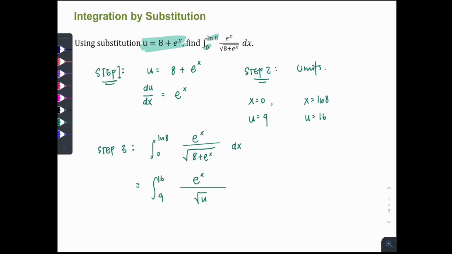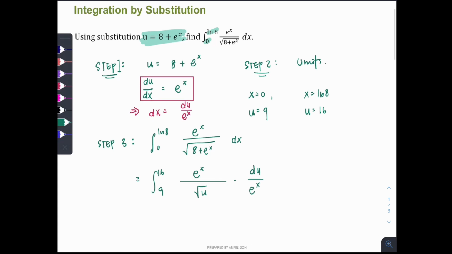As for the dx here, do not straight away change it into du. What you need to do is, at the first step over here, express the dx in terms of du. And therefore, you will get dx equals du over e power x. Now we'll substitute into here, du over e power x.